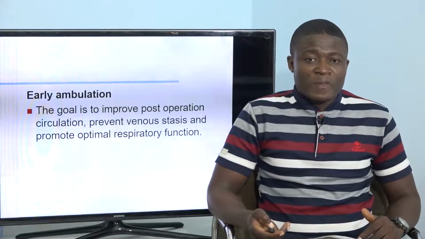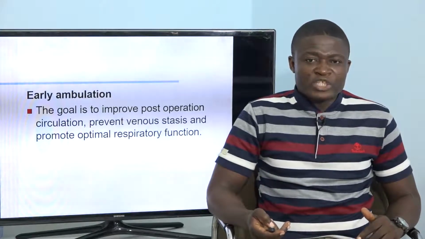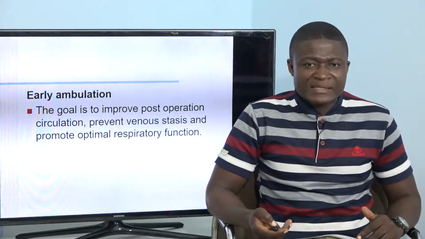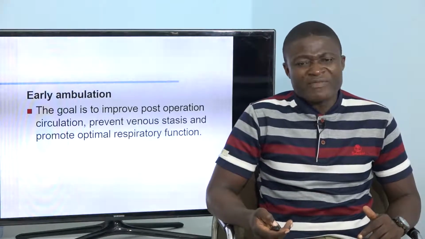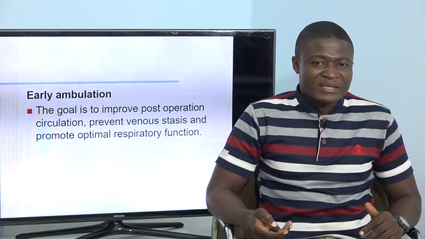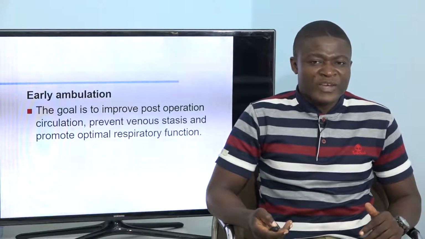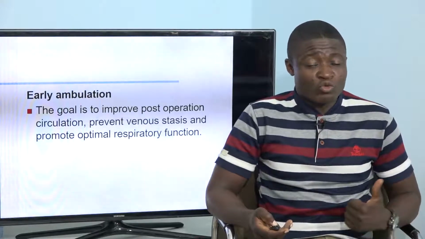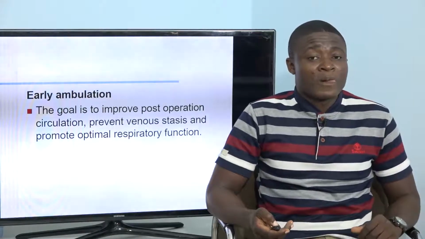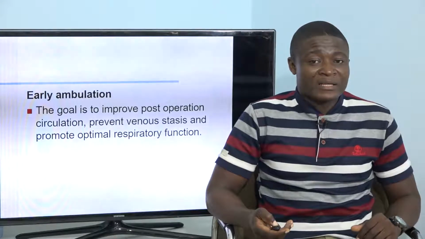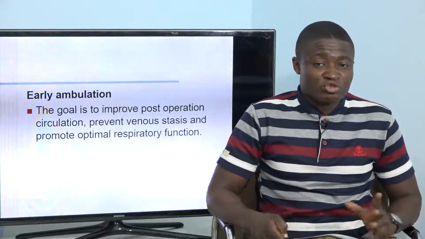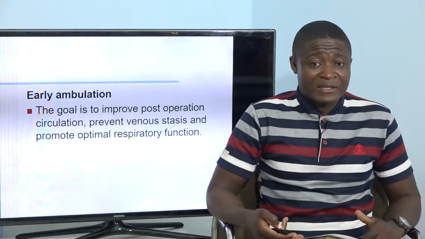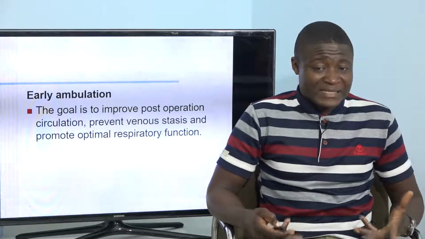Early ambulation. The goal of early ambulation is to improve post-operation circulation, prevent venous stasis, and promote optimal respiratory function. You know, I mentioned something called deep vein thrombosis, which is why I said you should teach the client leg exercises during the preoperative management, so that when the client comes back, he or she will be able to do these postoperative leg exercises.